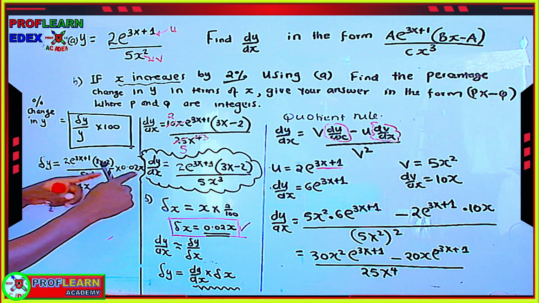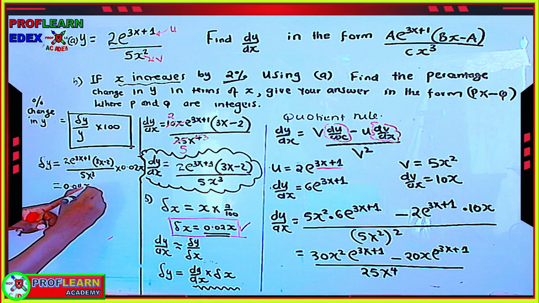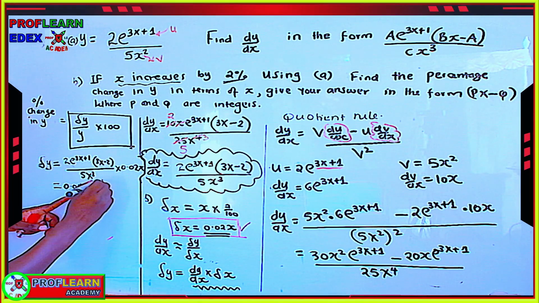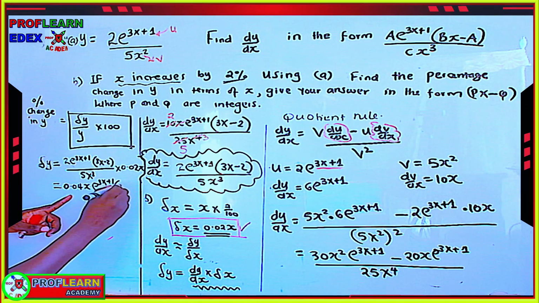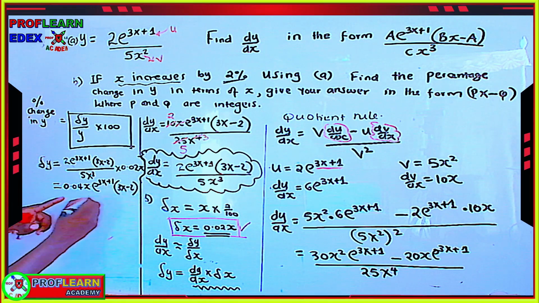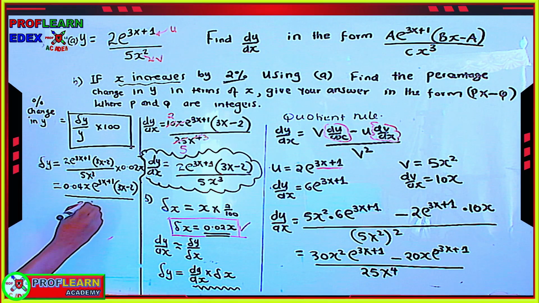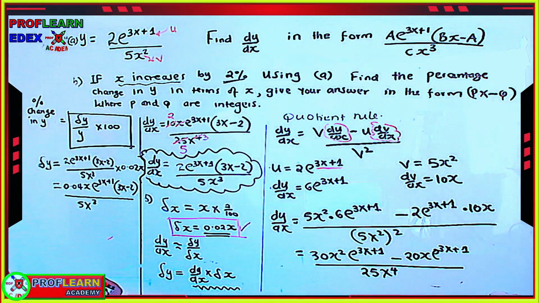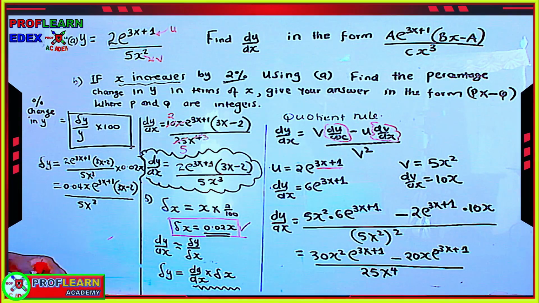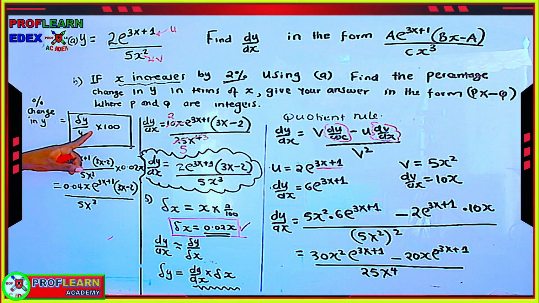I'm just multiplying this part to this part. e^(3x+1)(3x-2) divided by 5x to the power 3. That is the small change in y.